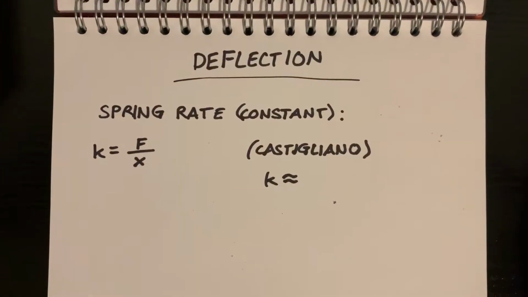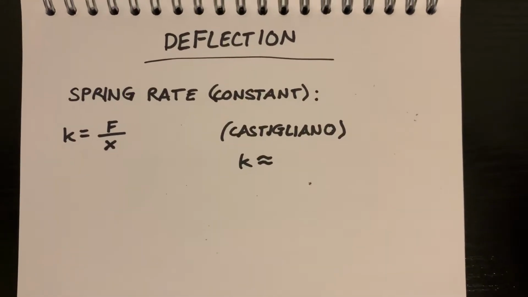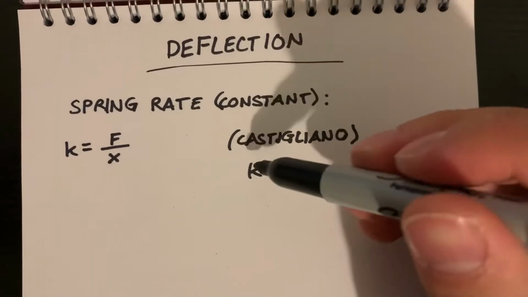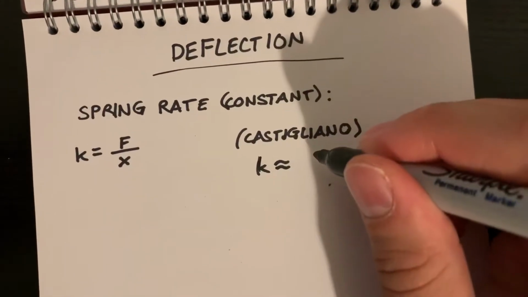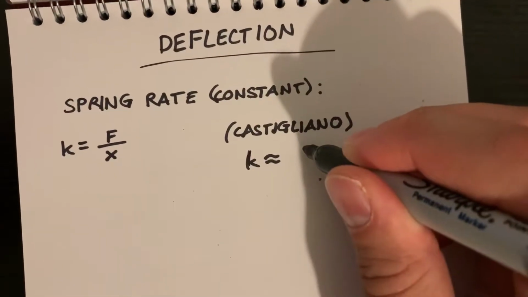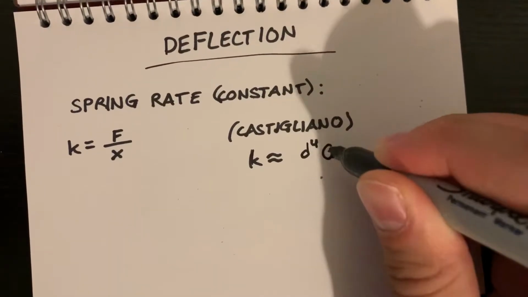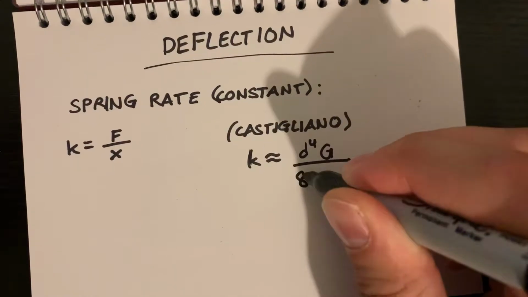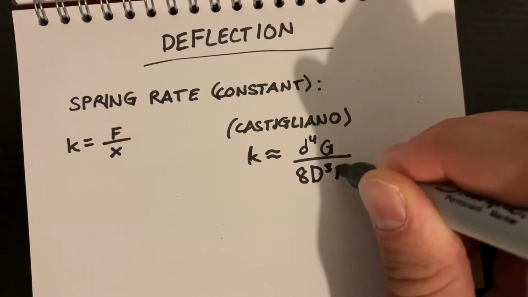Using Castigliano's method to relate force and deflection, we can derive this equation for the spring rate, k, and that comes to be approximately d to the fourth times G over 8 D cubed times N.